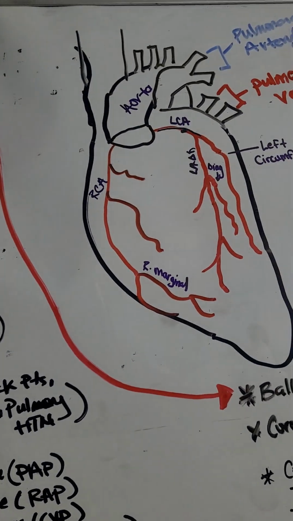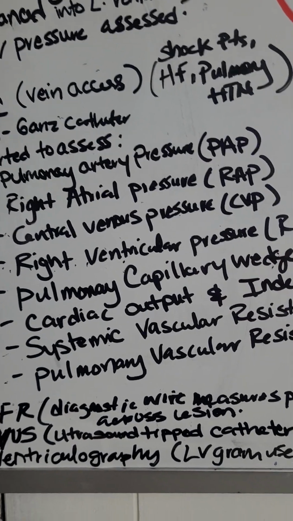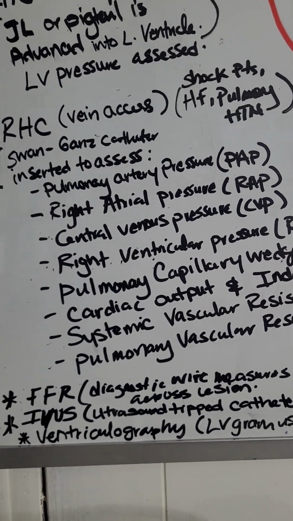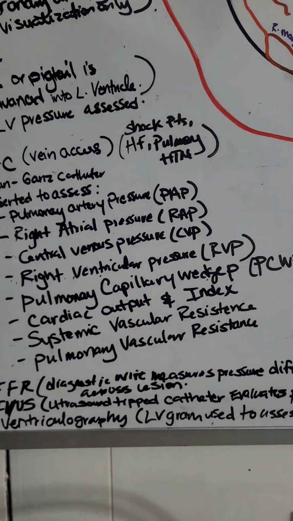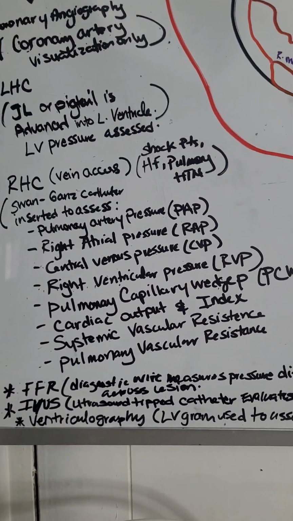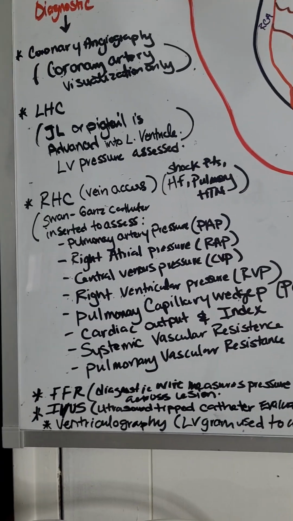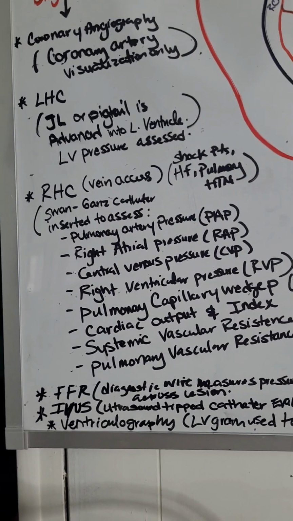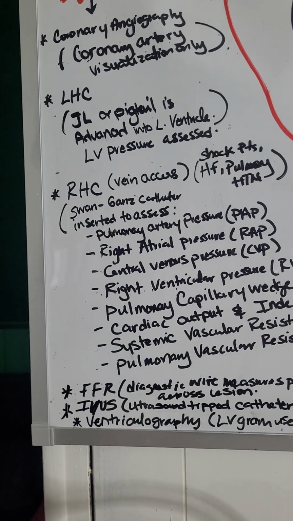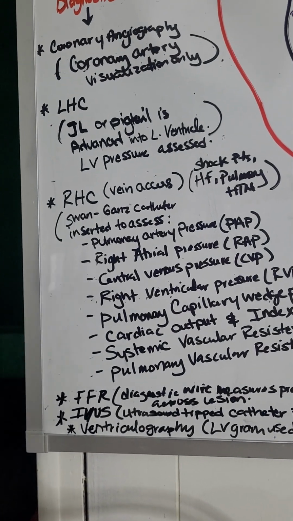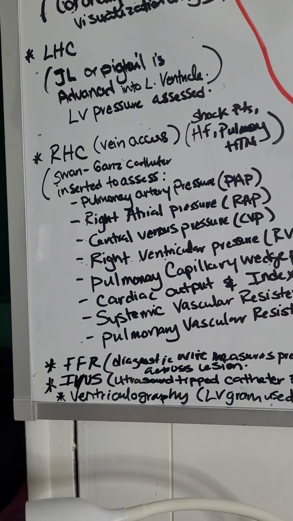That helps them to know if this is a significant lesion and how much blockage this is. Meaning, is it blocking a significant amount of blood flow from going to the rest of the vessel ahead of it? Okay. Another one we can do is IVUS.